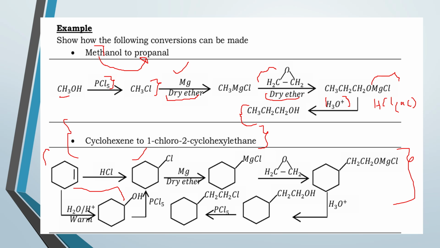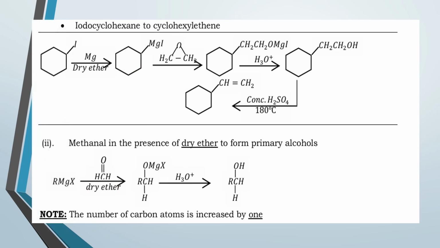But make sure that whenever you're using this, you don't forget dry ether. So this is going to be including more examples. So you also look at that example and then you relate it to what you have been covering.